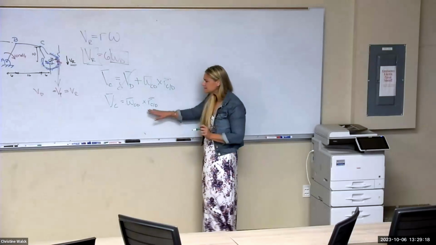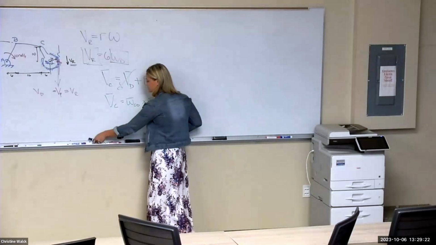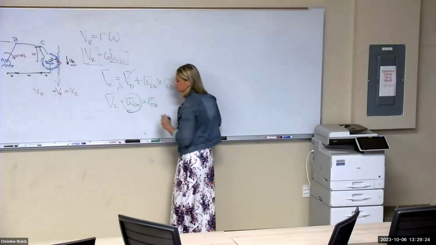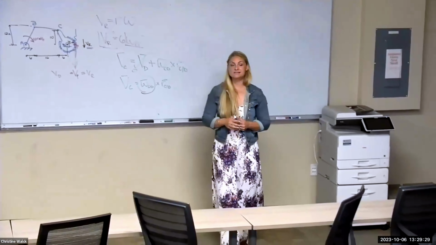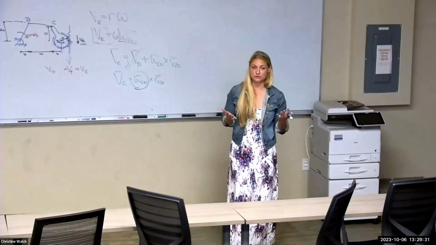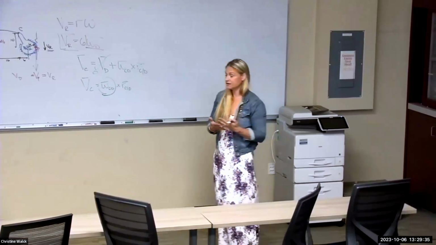Also, these are vectors. Can you tell me what unit vector is associated with omega? Well, velocity has to be tangent to a curve. Velocity is in our horizontal plane.